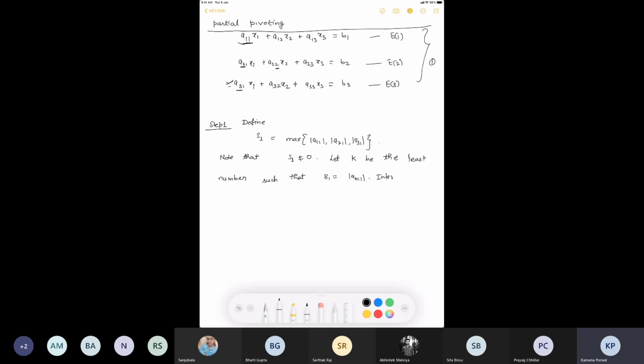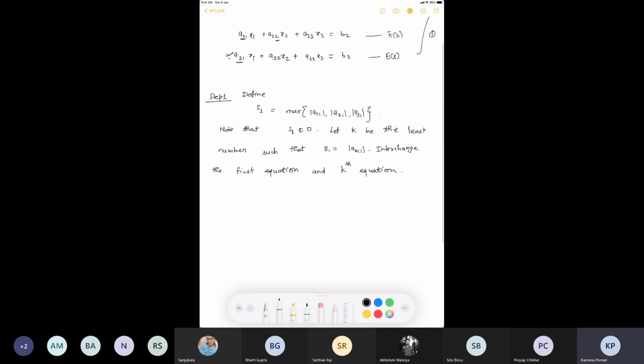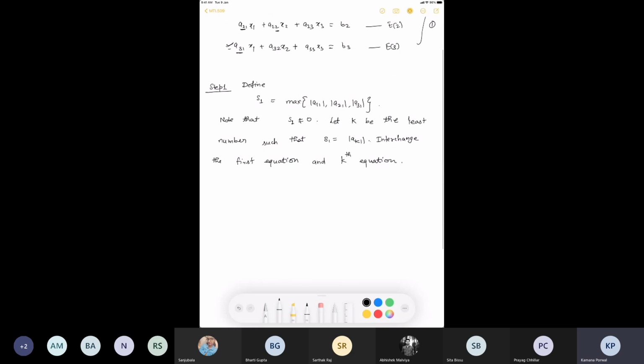So we interchange the first equation and the kth equation. Right? So if we perform this interchange, what is going to be the reduced system?